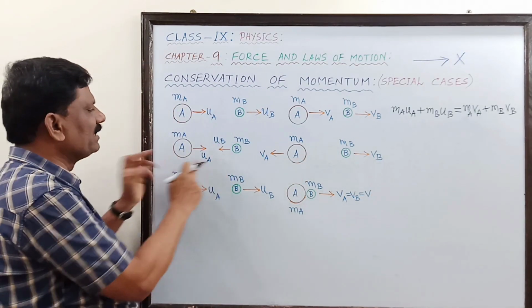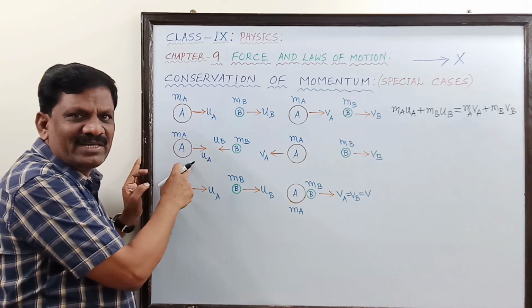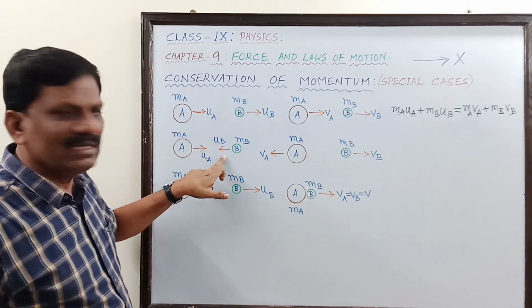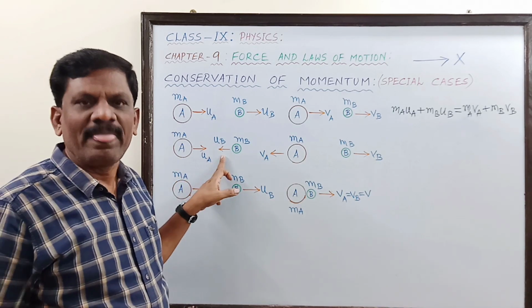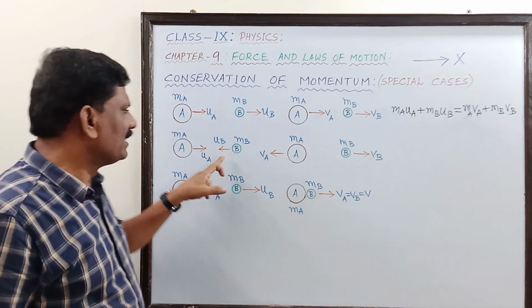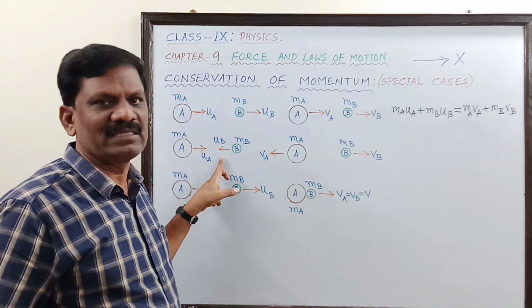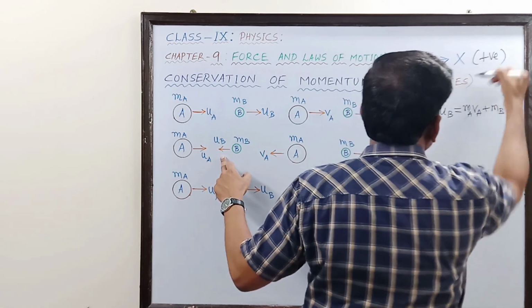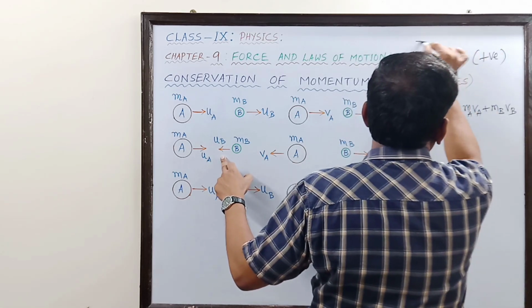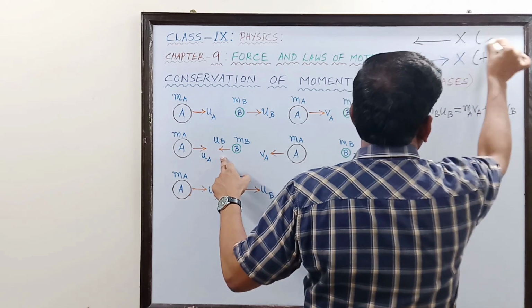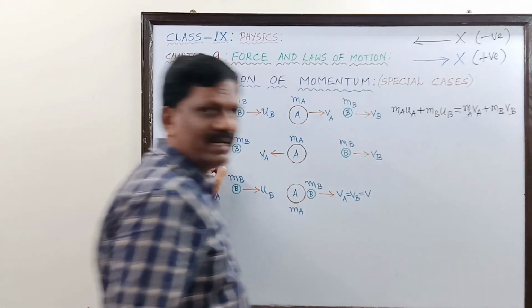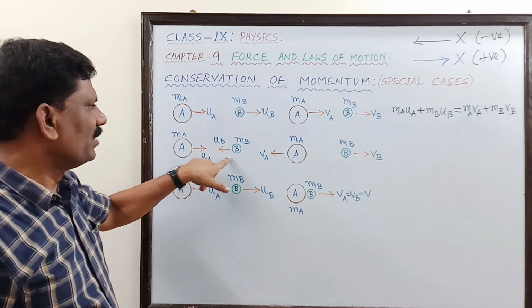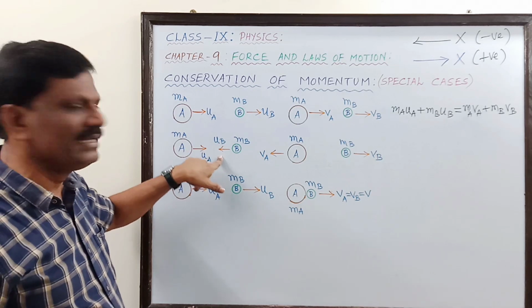So before collision, the direction of A is positive and the direction of B is negative, because it is in the negative x direction. Along the positive x direction, any quantity is positive, and along the negative x direction, it is negative. So the initial momentum of B is negative.